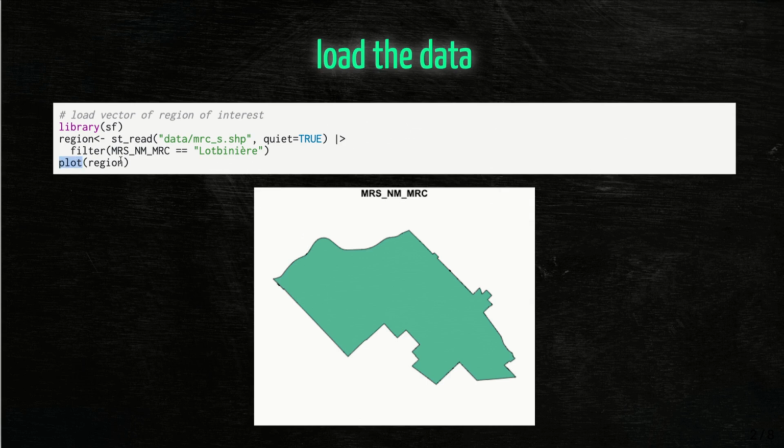The function plot here helps us see that in the object called region that we have loaded from the shapefile, we effectively have the data we need. So this first step is to identify the polygon of the region for which we need the NDVI index.